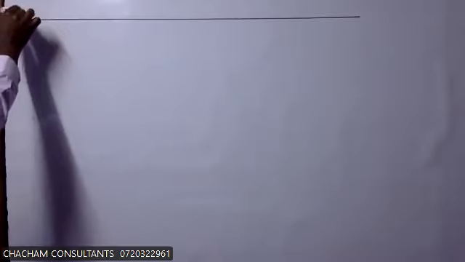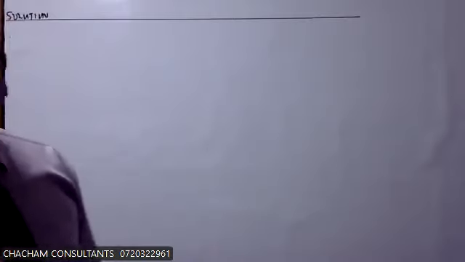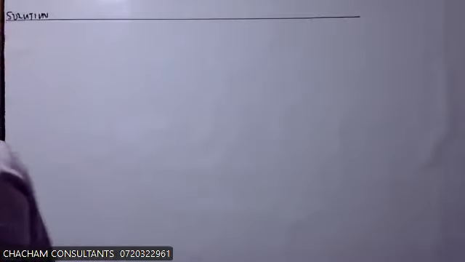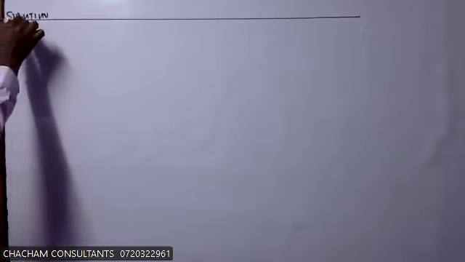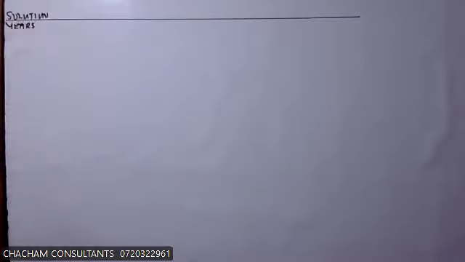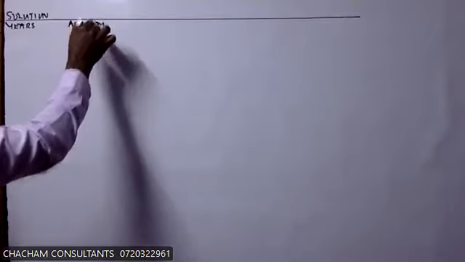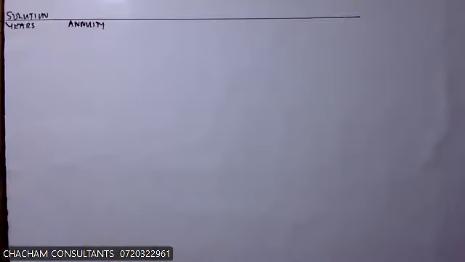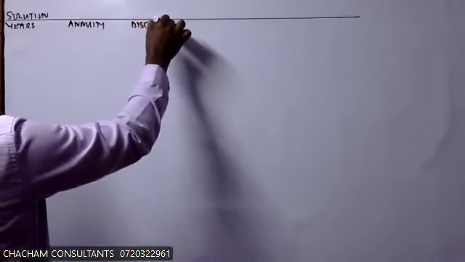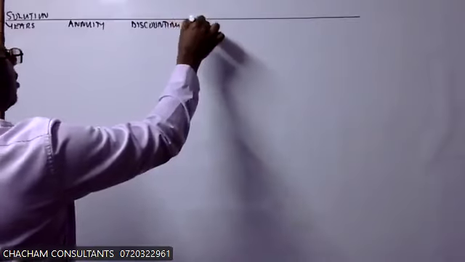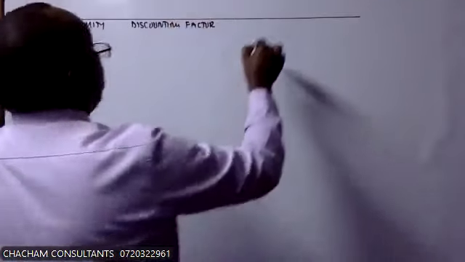Our table will be divided into 4 columns. We have the years, we have the annuity, we have the discounting factor, and then we have the present value.